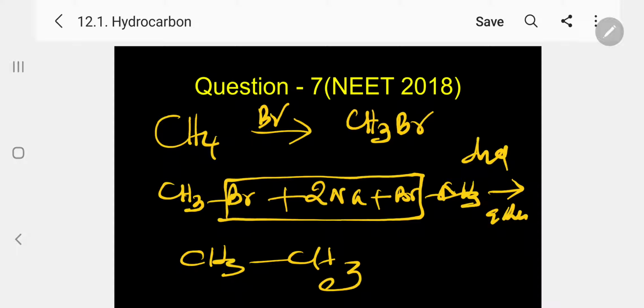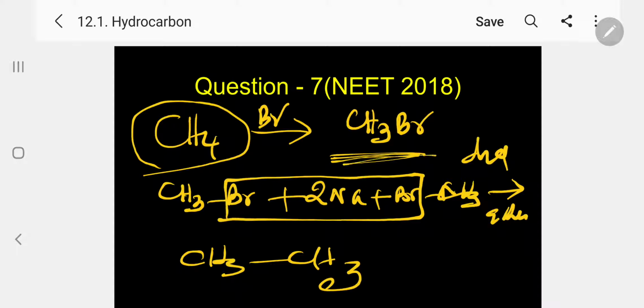So the only alkane, methane, undergoes halogenation to produce alkyl bromide, methyl bromide. Then 2 moles of methyl bromide react with 2 moles of metallic sodium in the presence of dry ether, undergoing the Wurtz reaction to produce ethane. So, less than 4 carbon atoms. The correct answer is methane.